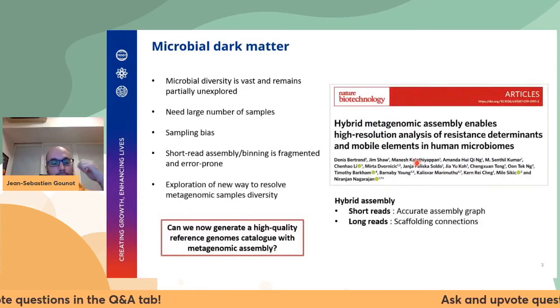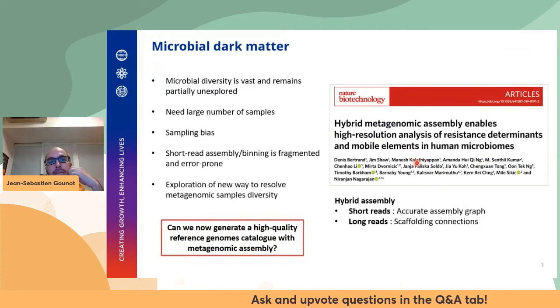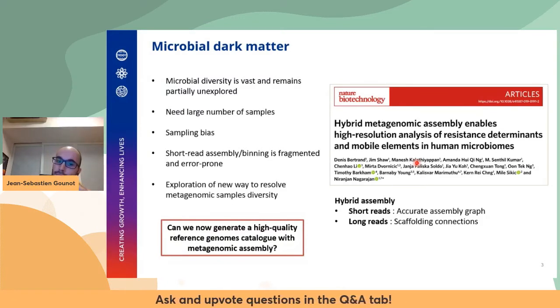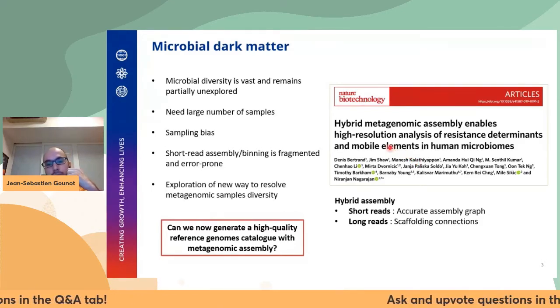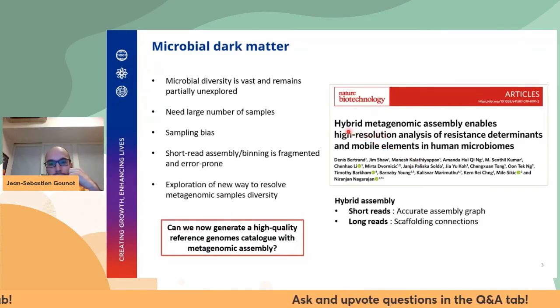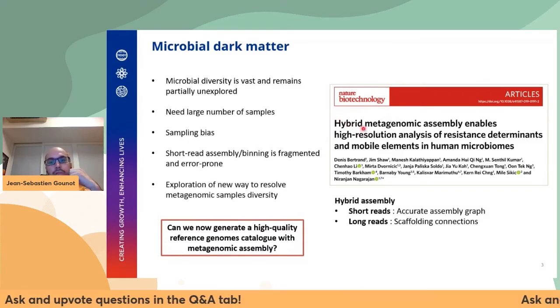In my lab, we've been exploring new ways to resolve this missing metagenomic diversity and to improve the genome assemblies we can get. It's not so recent, but 4 or 5 years ago, we published this hybrid metagenomics approach.